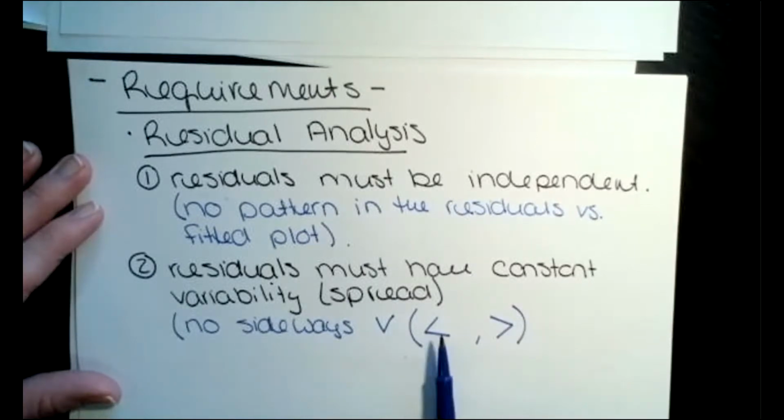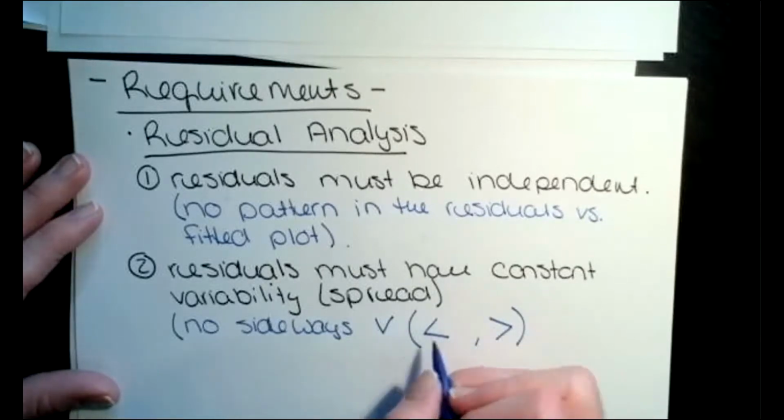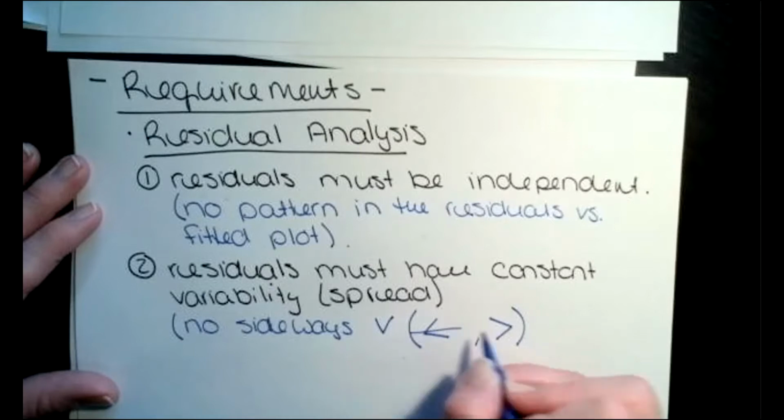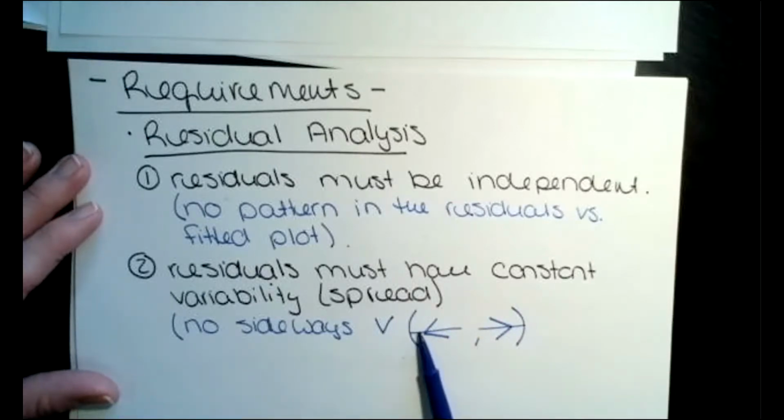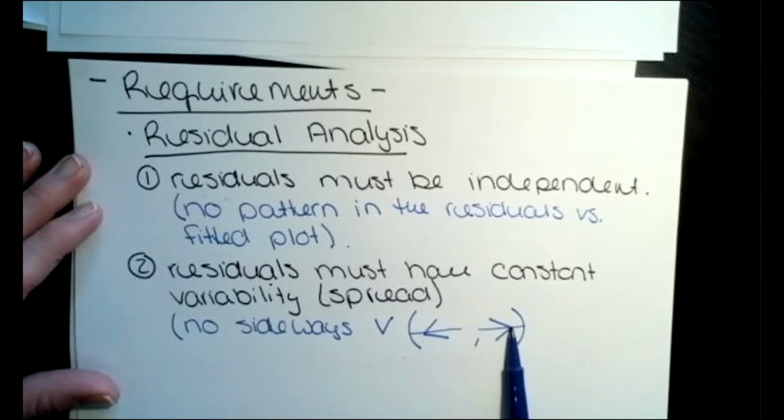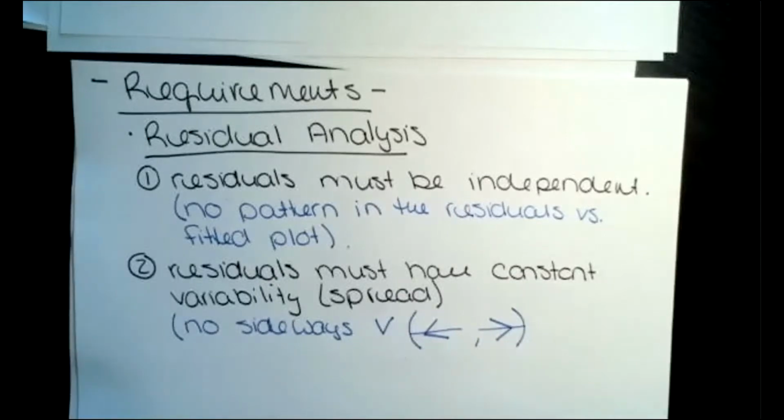What I mean is I don't want to see the dots on the left all really close to my center line. This is what I mean. Okay, so if this is my center line, I don't want all the dots really close and then start spreading out further and further as I go right, or vice versa: all spread out on the left and then getting closer and closer to the center line on the right. That's what I'm talking about. I do not want to see this.